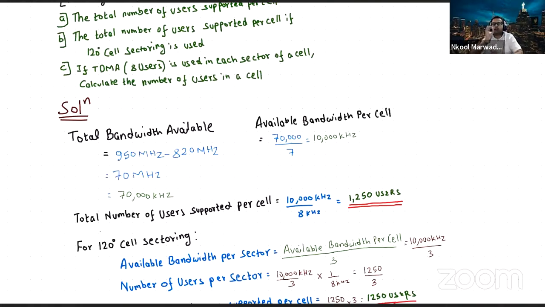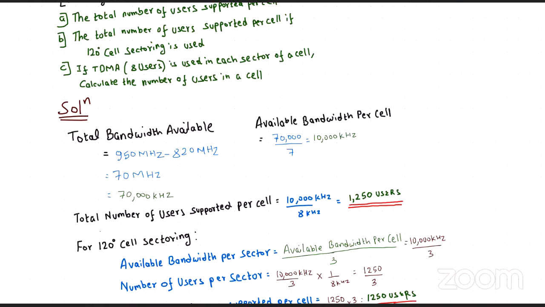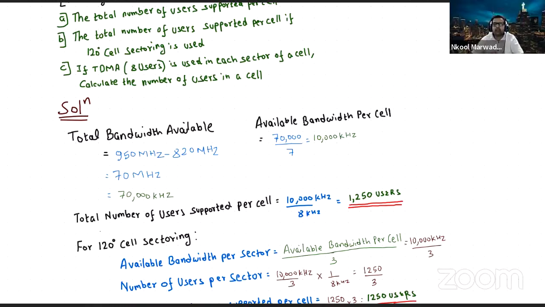A very important observation: whenever I talk about TDMA and 8 users, it means every frequency channel will be accessed by 8 users simultaneously, and hence the capacity will become 8 times. So can we directly do 1250 into 8? Yes, we can do that.